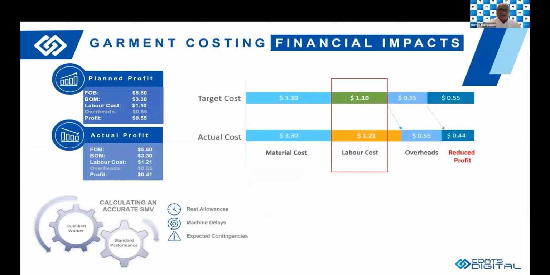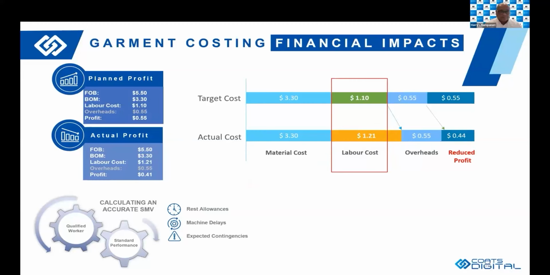A planned FOB of $5.5 for a garment: bill of material of $3.3, labor cost calculated as $1.10, overheads at 0.55 cents, and then profit at 10%, at 0.5. That's planned. But then the actual, when you're producing, is that the miscalculation, also the historical data, has that impact.